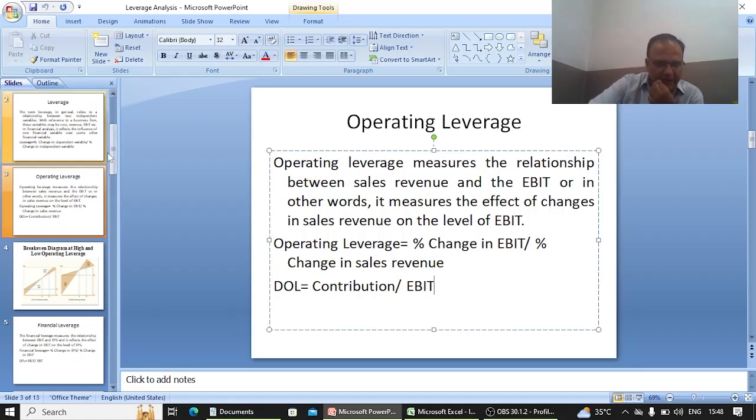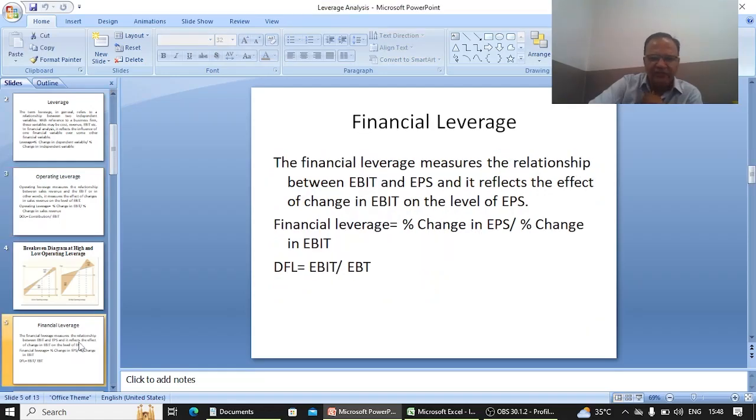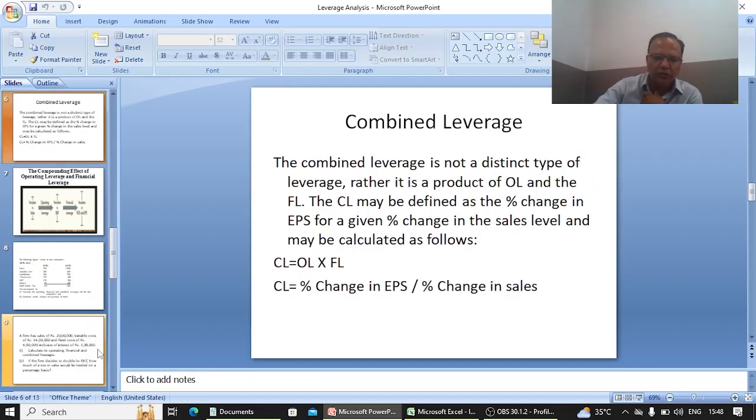Again, coming to the financial leverage, degree of financial leverage is equal to EBIT divided by EBT, and combined leverage is equal to operating leverage into financial leverage. So I think it's very much clear to all of you. Now let's do the problem.